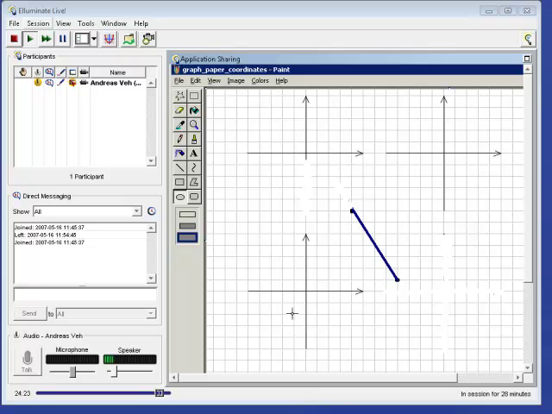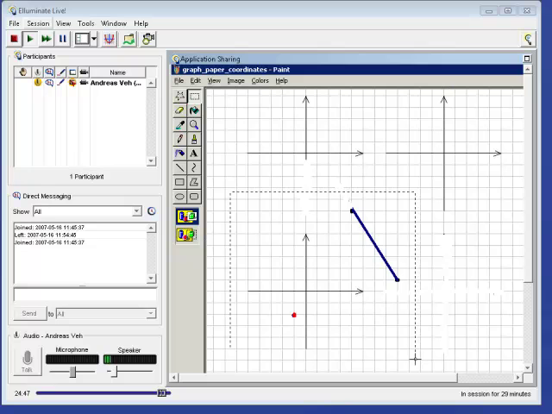Okay, and the other exercise was -1, -2 was the point. So there it is. Let's use a different color. There we go. And the other point is -10 and 5. Oh yeah, okay. Oh, bummer, I'm off the paper.